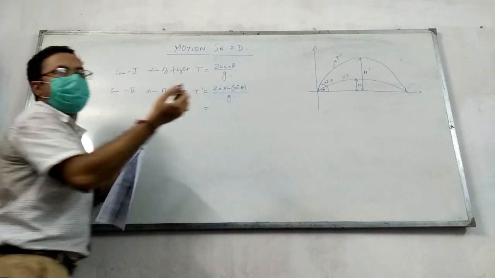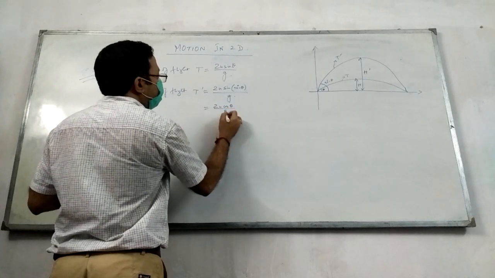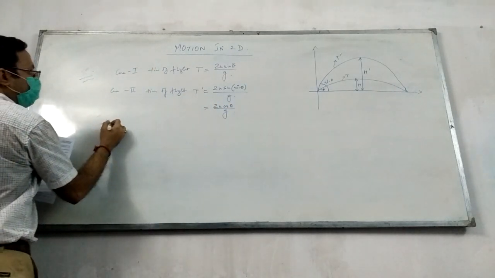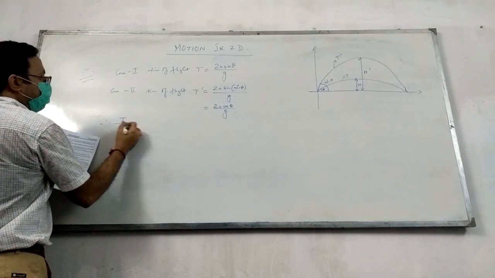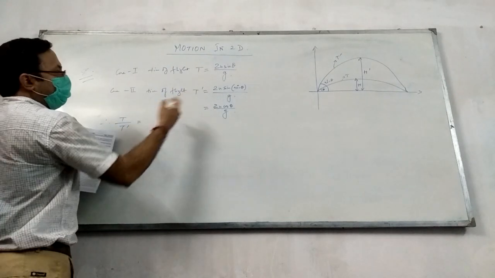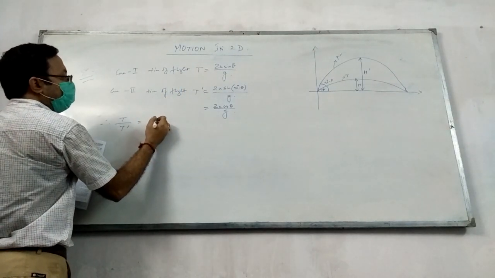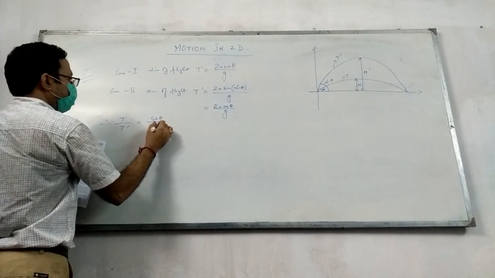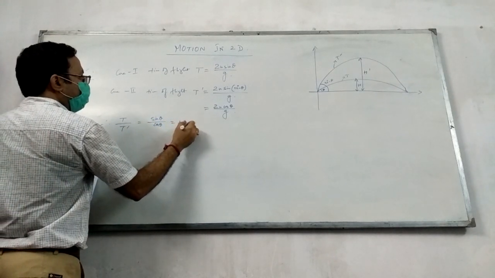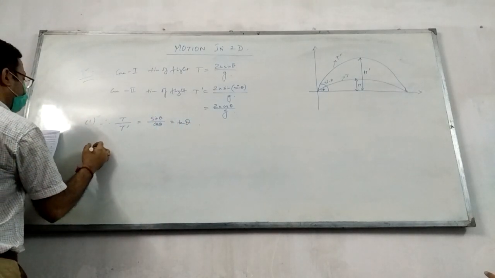So sin of 90 degree minus theta is cos theta, 2u cos theta by g. So all you need to do is find out T by T dash. Therefore T by T dash is equal to dividing these two. So 2u sin theta by 2u cos theta by g, everything cancels. What remains is sin theta by cos theta, which is equal to tan theta.